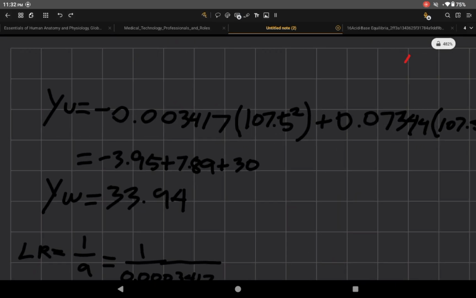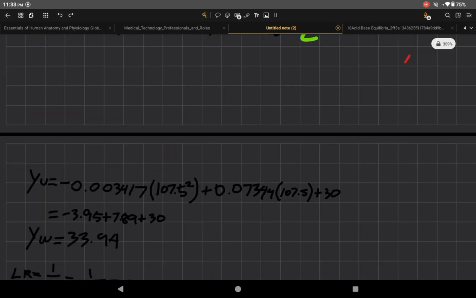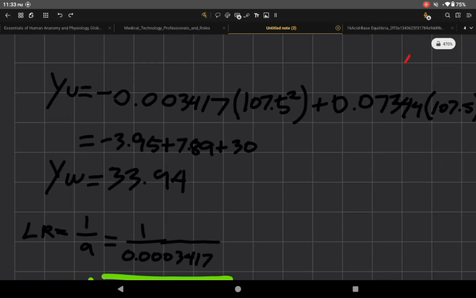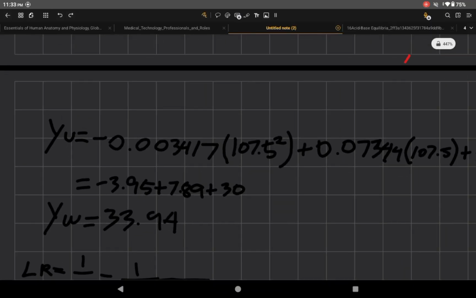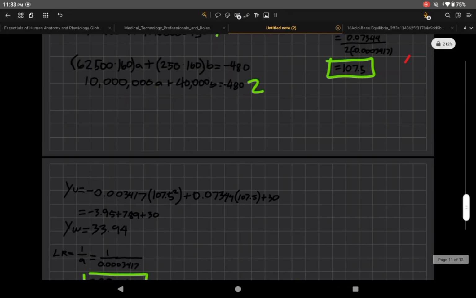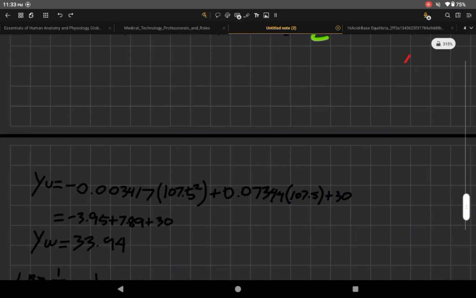Nakuha na nato ang x. Ang x ang vertex sa parabola. Then we'll get the y of the vertex of the parabola. Di ba nakuha na nato value ni x? We substitute it in the formula.